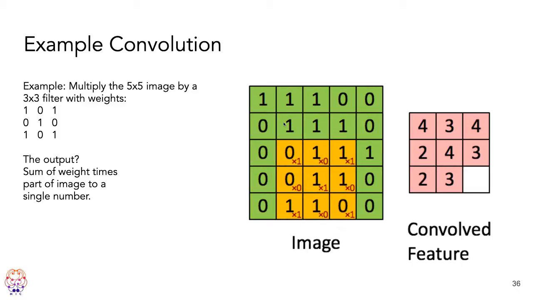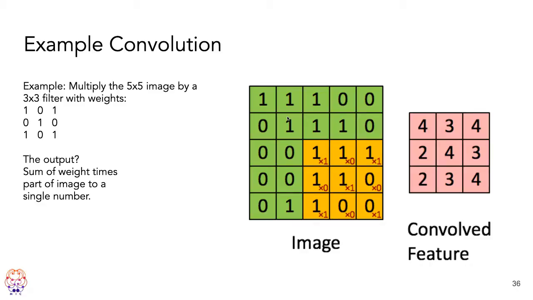As for the values inside the filter, there are 9 values. Let's say it starts here. It's going to be 1 times this 1 plus 1 times this 0, and so on. So the weights are what is inside the filter. You can think of filters as weights, pretty much. And then we're just taking the dot product between the filter and the image itself.